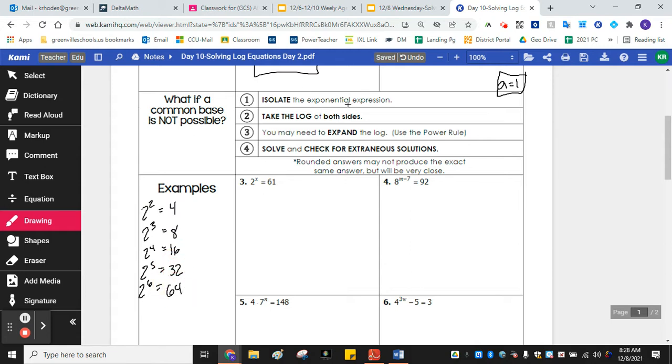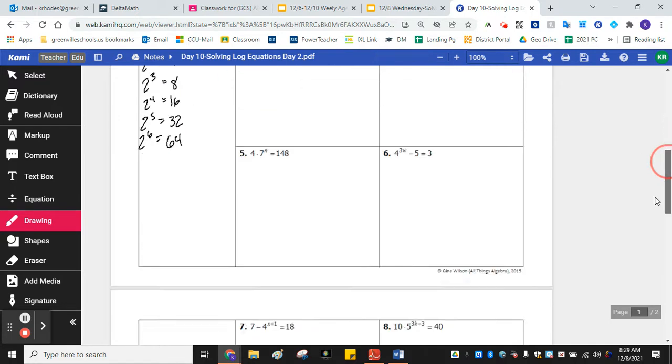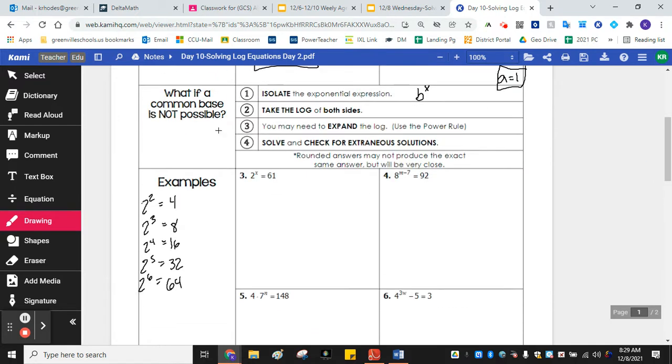So isolate your exponential expression, the number being raised to the x. So b being raised to the x. That's an exponential expression. Take the log of both sides. What's nice is if you take the log of both sides, that's the hard way to do it, when you could just write this in logarithm form and then solve.